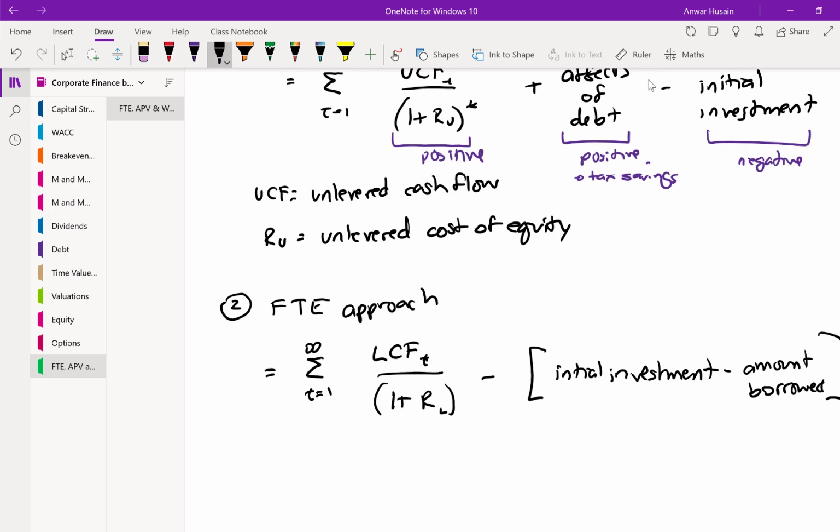So let's write this down. LCF is the levered cash flow. So that's the cash flow that's available to equity after the debt interest has been paid off. And R_L is the levered cost of equity, so the cost of equity for the firm that has debt.